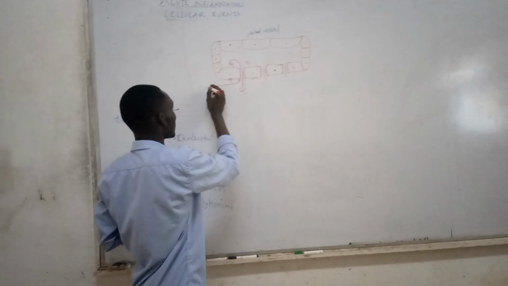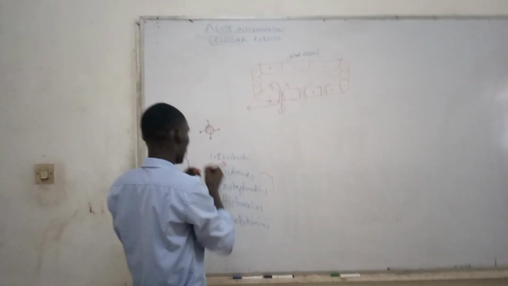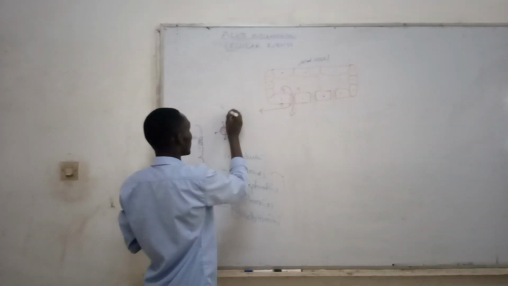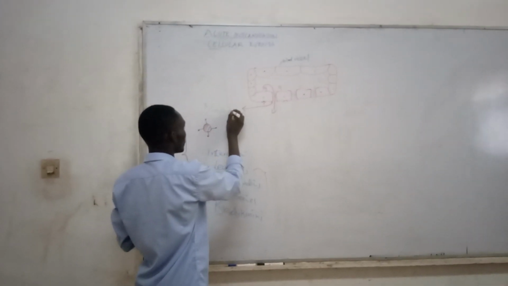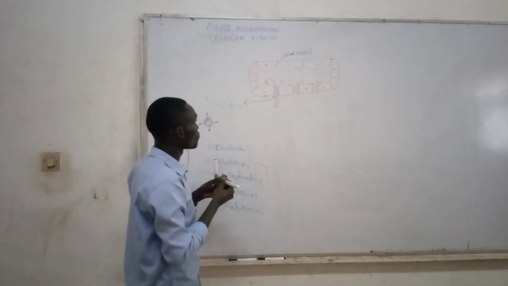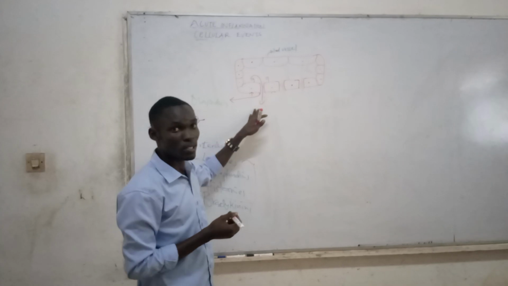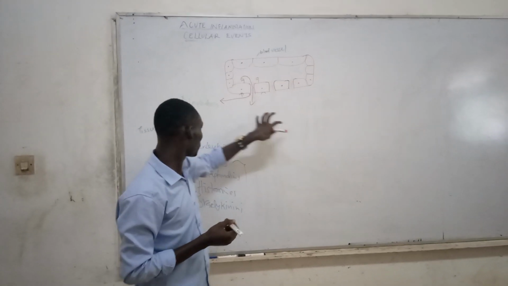This process is known as diapedesis, whereby immune cells leak from the vasculature through the gaps into the interstitial fluid.